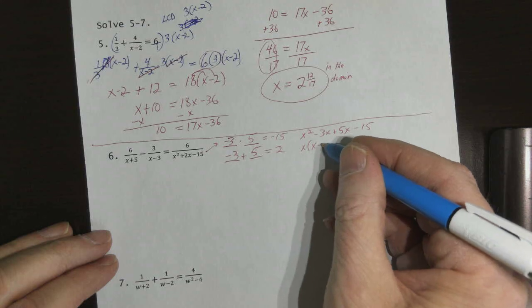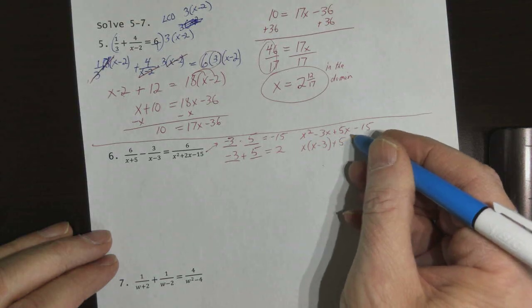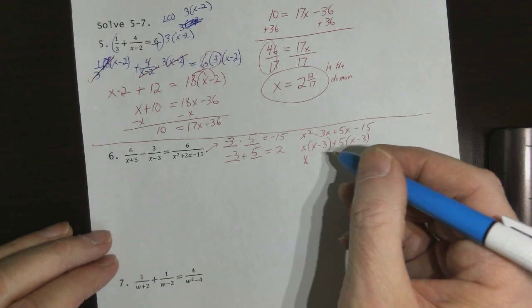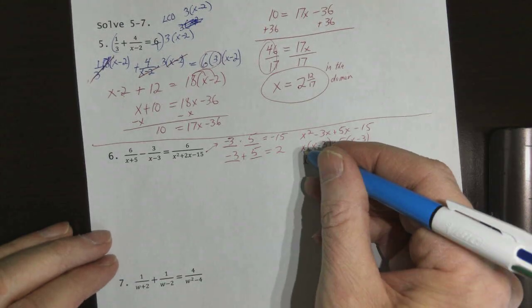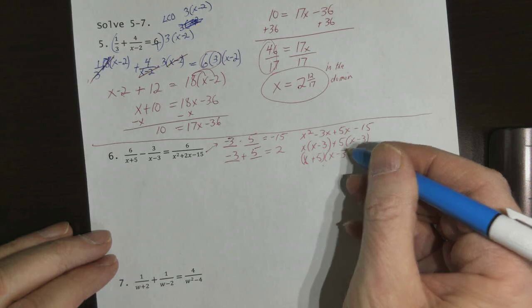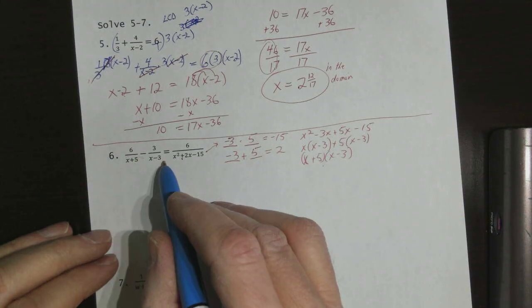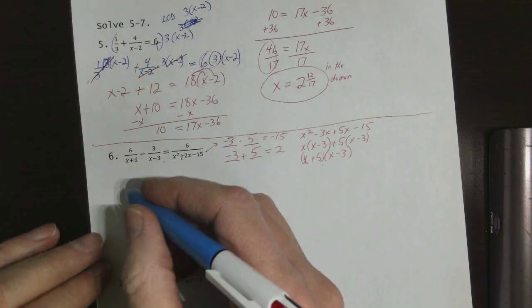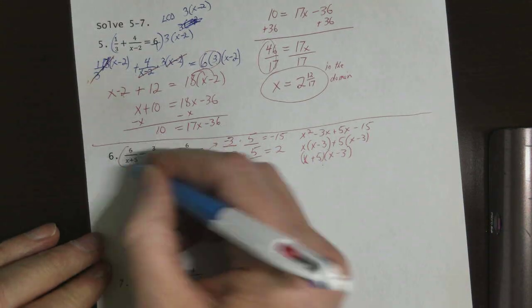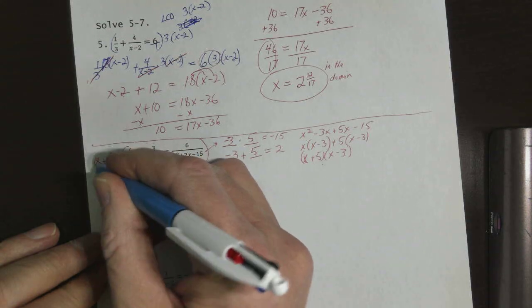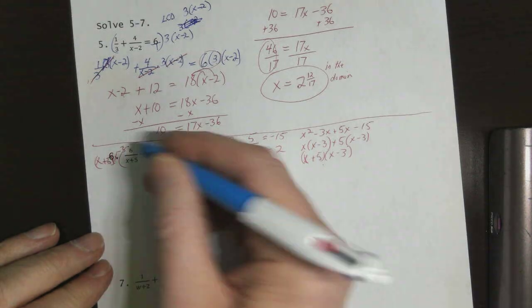That's x times x minus 3 plus 5 times x minus 3. So it's x plus 5 times x minus 3. All right, and that happens to be the product there. So that's what I'm going to multiply this whole thing by. X plus 5 times x minus 3.